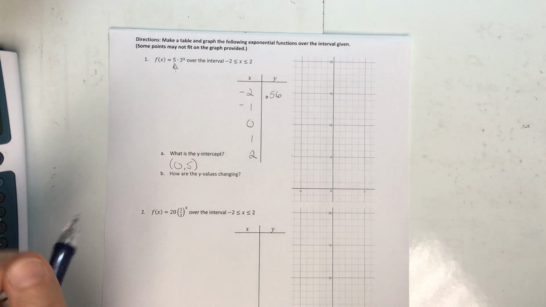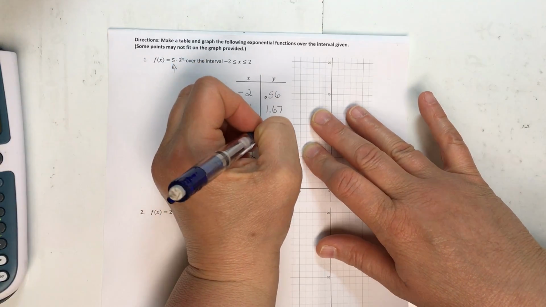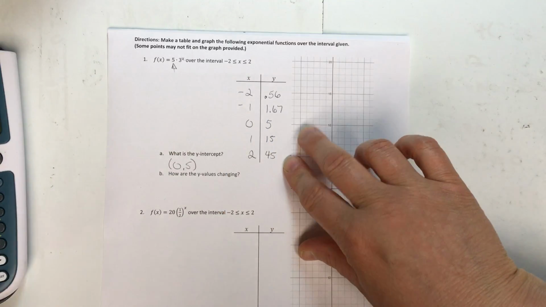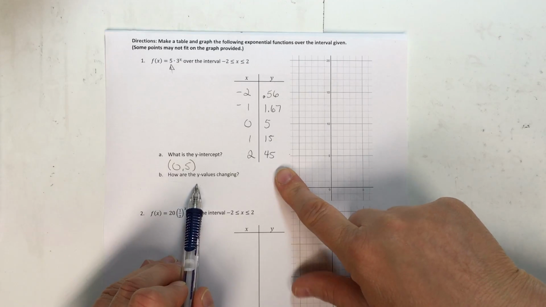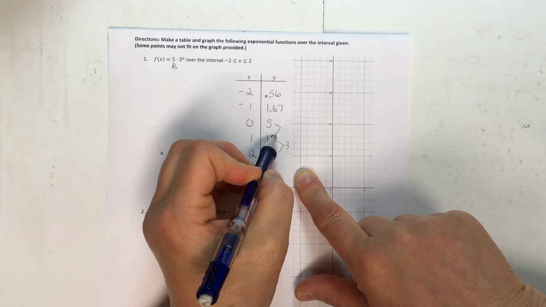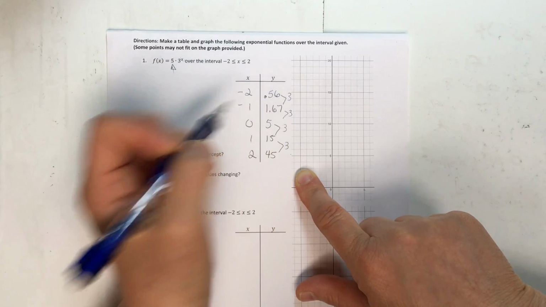Okay, I've already done that for my values going forward, so let me just copy them in so that I have them and we can use them to look at. Now, the change in y value is what I'm going to look at. So I'm going to go backwards. So this is 3, this is 3, this is 3, and this is 3.